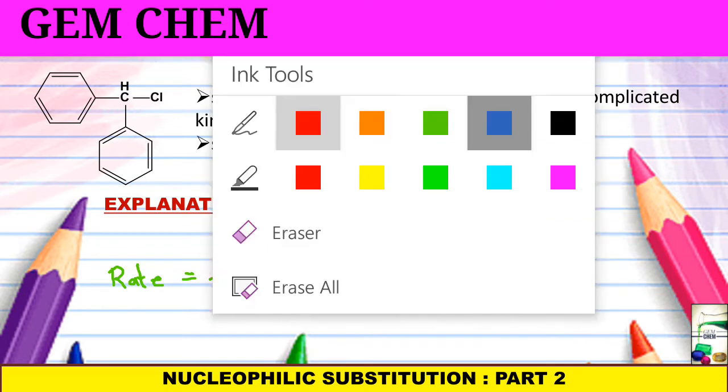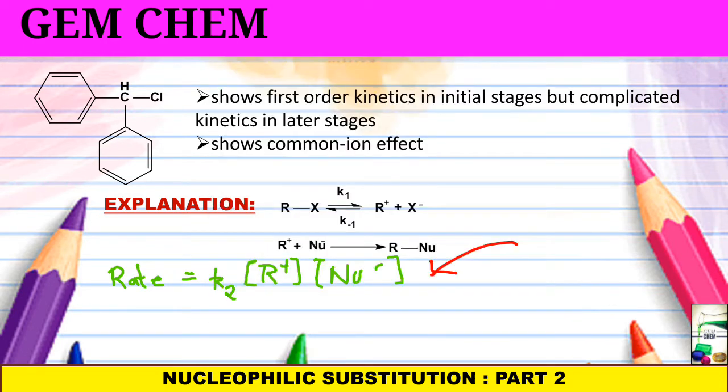Now see here, according to the steady state approximation, the short-lived intermediate which is being generated is taken as our assumption, and here we will take its differentiation with respect to time and make it equal to 0.